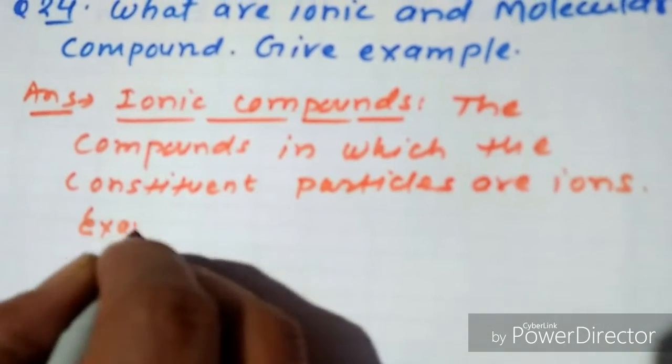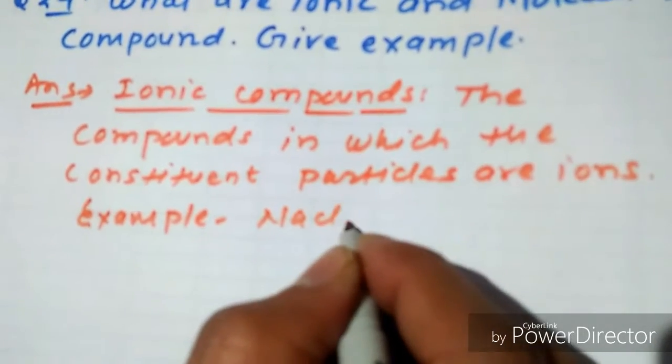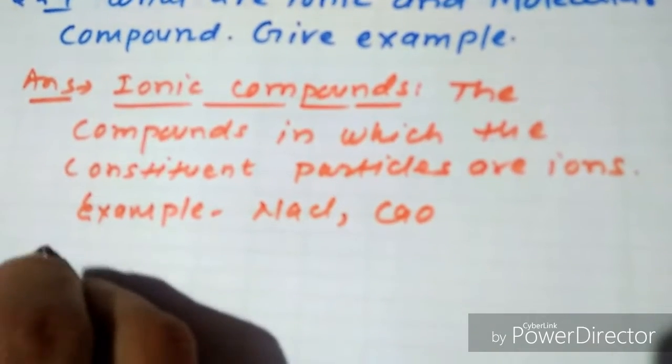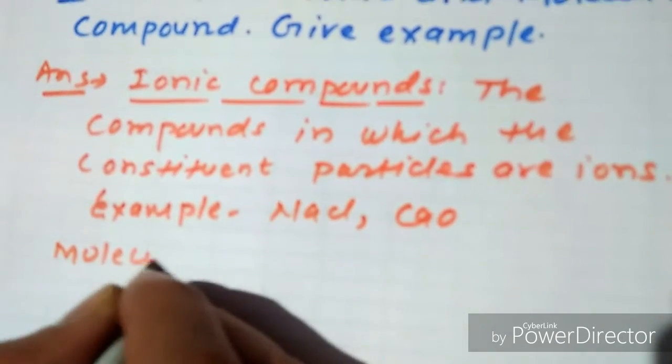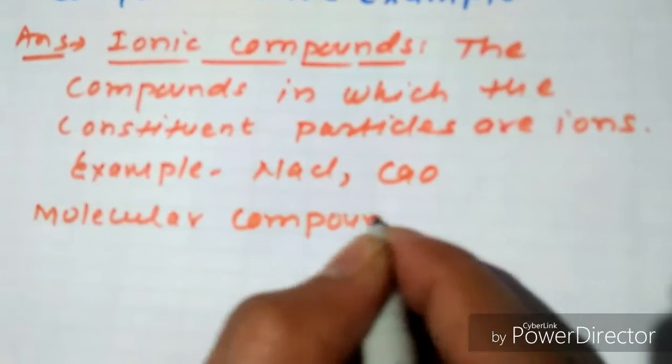As for example, we can write here NaCl, which means sodium chloride, and calcium oxide. And next, molecular compounds.